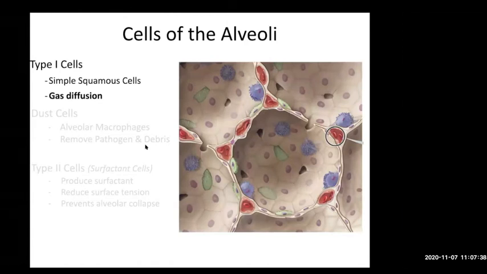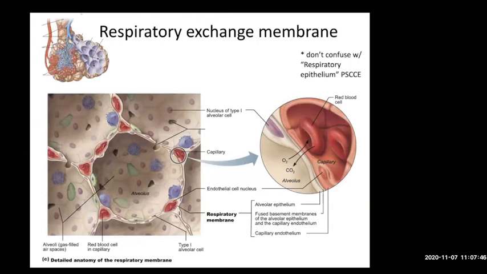We're getting there. Here's the bottom line. Here are these simple squamous cells, the type 1 cells, and this is where the gas diffusion is going to occur right here, right? So this is where your respiratory exchange membrane is occurring, not to be confused with the respiratory epithelium, which refers to that pseudostratified stuff, right? Which is up there. This is where the respiratory exchange membrane is.